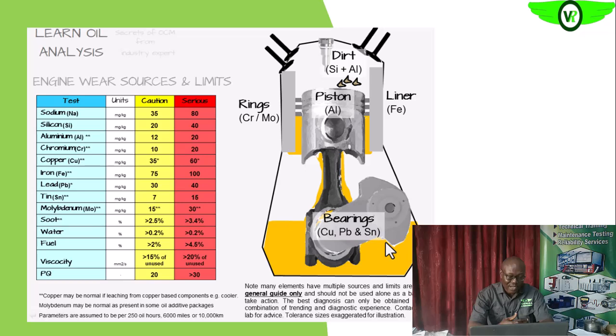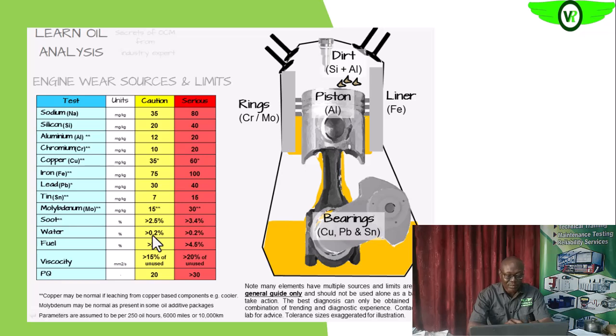So once you have them, as you can see here, you have tin, you have lead. Beyond this level, it should give you cause for concern. Then the water content level should not be more than 0.2%. If it is more than 0.2%, it should give you cause to worry.